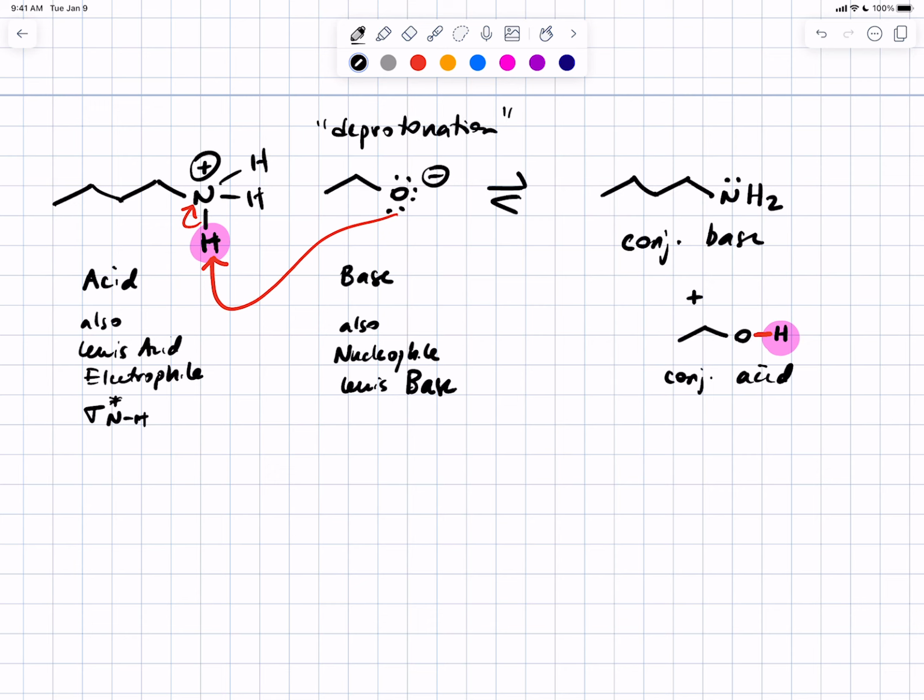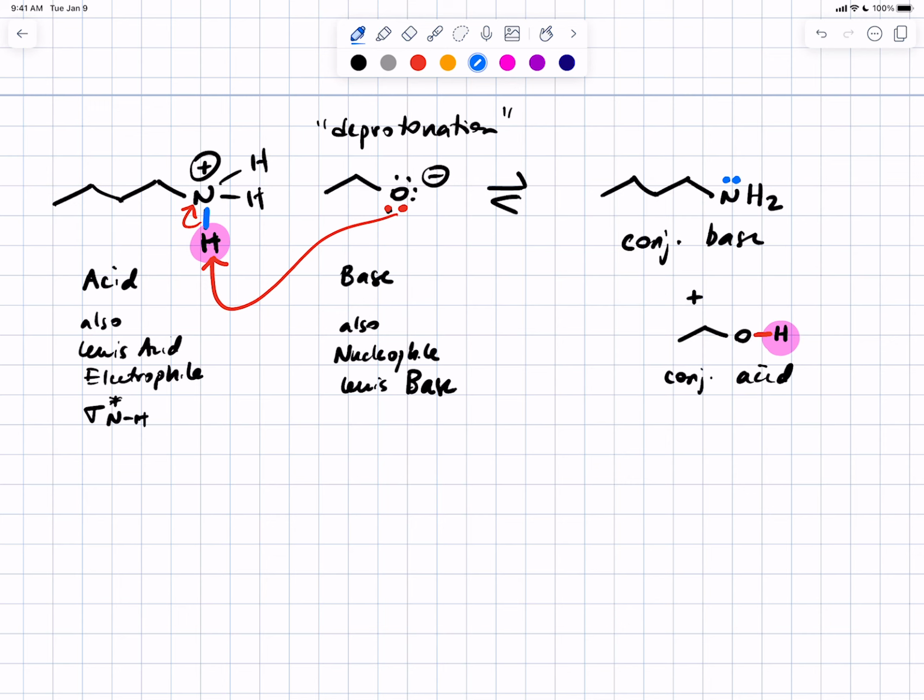Electrons that were donated by the base are left on the nitrogen as a lone pair. The electrons from the base are now in this bond between oxygen and hydrogen. The lone pair on the nitrogen used to be in the nitrogen-hydrogen bond.